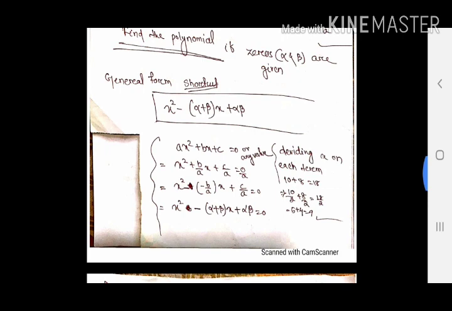Means for x square you write nothing, the coefficient of x will be minus of (alpha plus beta), and the constant term, means c, will be alpha beta. So c will be the product alpha beta, and b will be the negative of the sum of the zeros. Okay. So it is x square minus (alpha plus beta) x plus alpha beta.